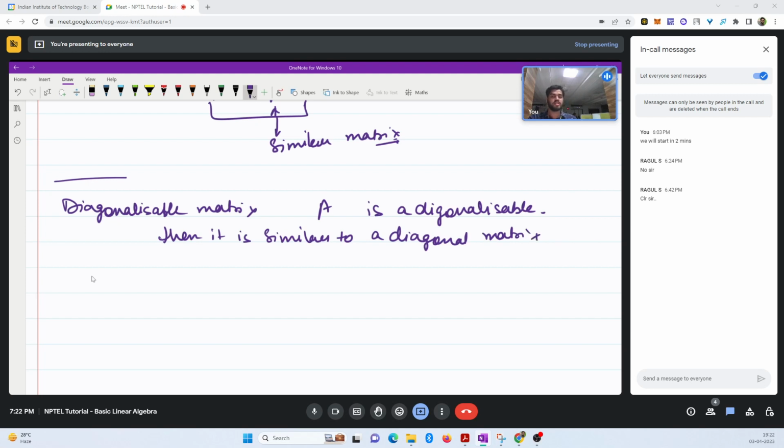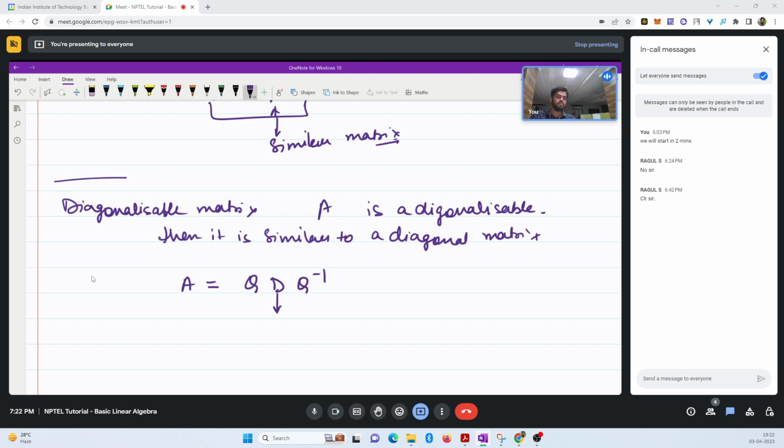ठीक है, what does that mean is अगर हमारा A जब भी diagonalizable होगा तो we can write it in this form, some Q times D into Q inverse. ठीक है, अब ये Q और D जो है ना, they are of some special type.